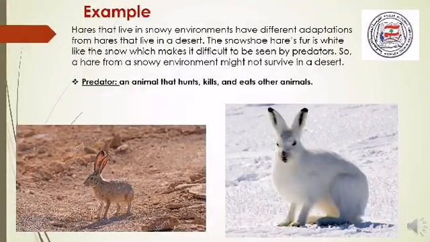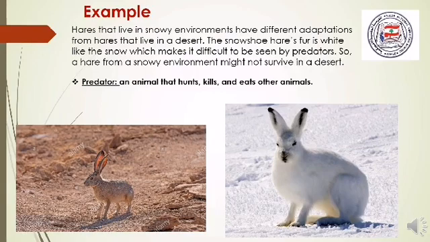In order to understand better what I was talking about in the previous slide, about animals in different areas having different adaptations and how an animal adapted to one ecosystem may not survive in a different ecosystem, let's take these examples. These are pictures of hares.